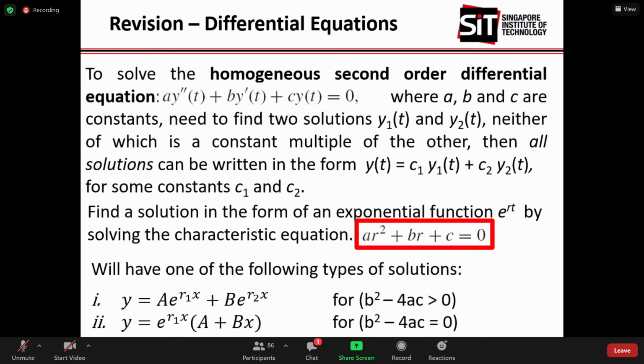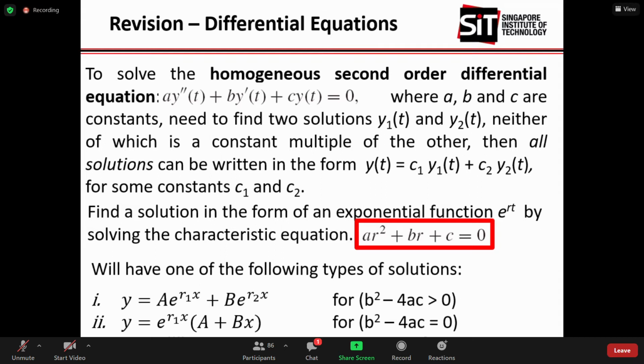We move on to second order differential equations. Second order differential equations are those which have a form of a y double prime plus b y prime plus c y is equal to 0, and a, b, and c are constants.